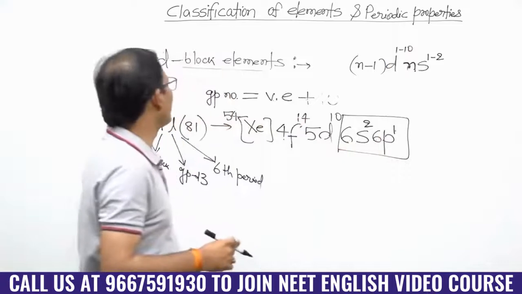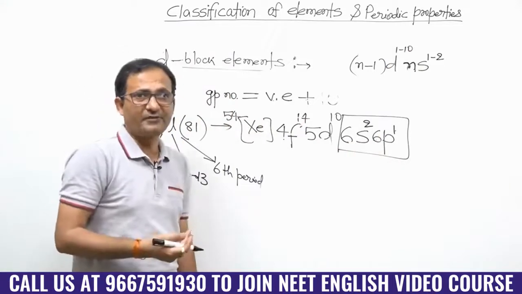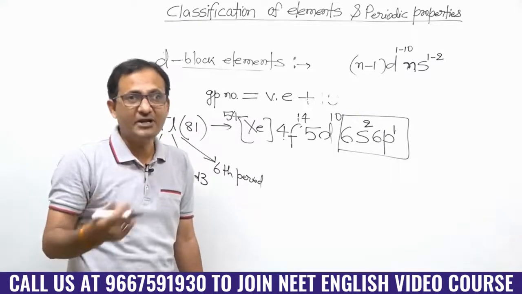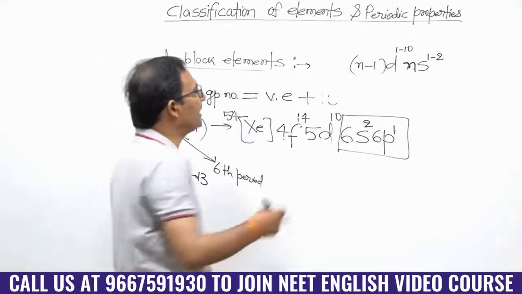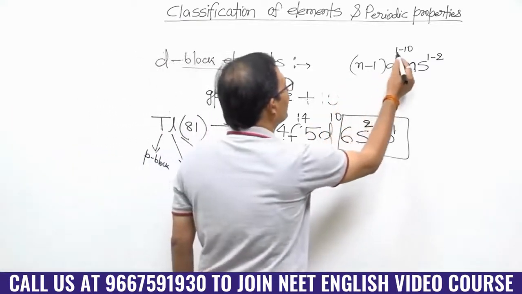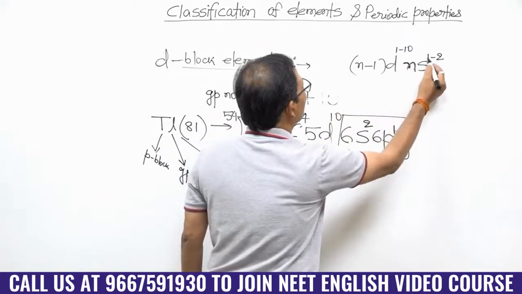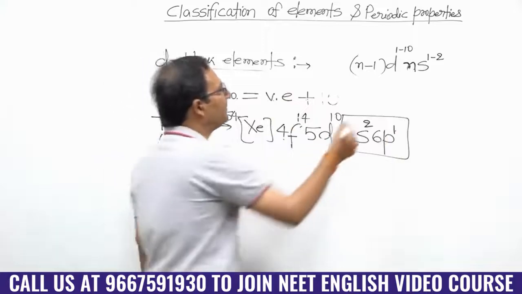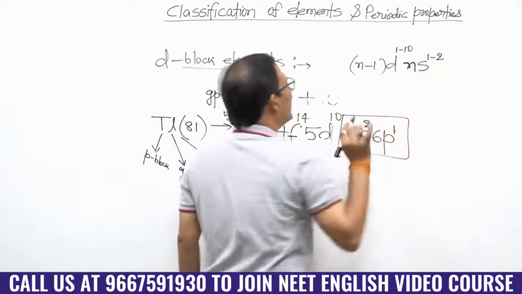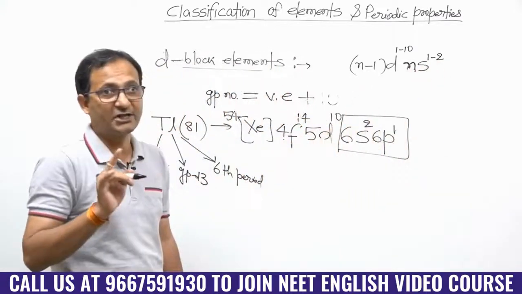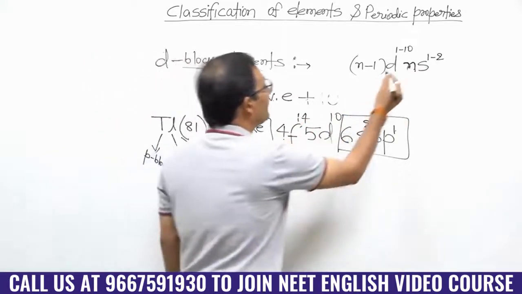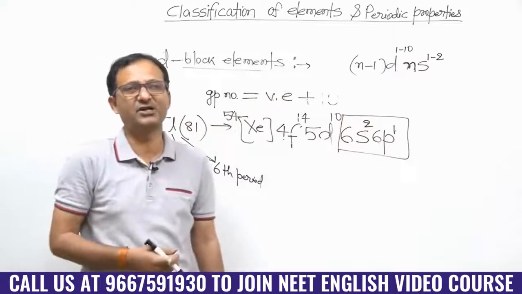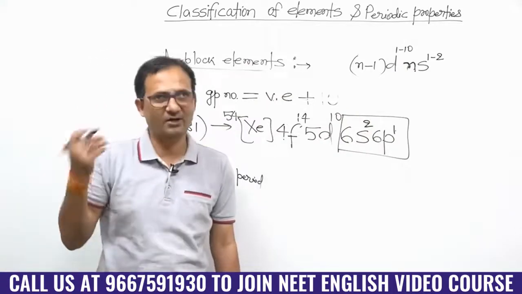Therefore, the general electronic configuration of the outermost shells in case of d block elements will be (n minus 1) d 1 to 10, ns 1 or 2, right? But in case of palladium, ns has 0 electron, but still it is a d block element. In palladium there is d10, and we will discuss the electronic configuration of palladium later on.